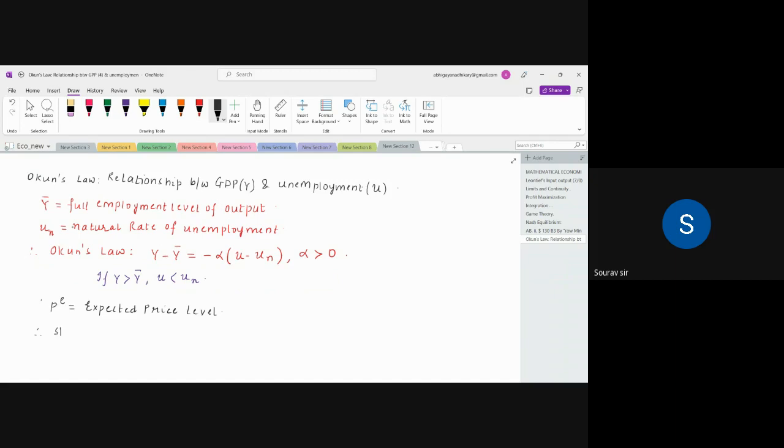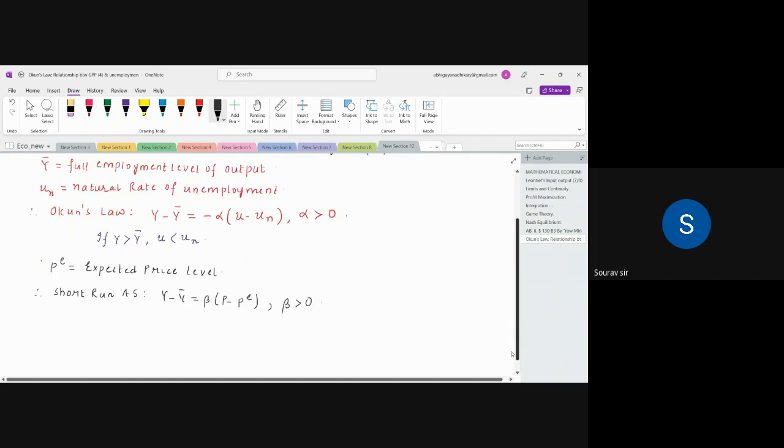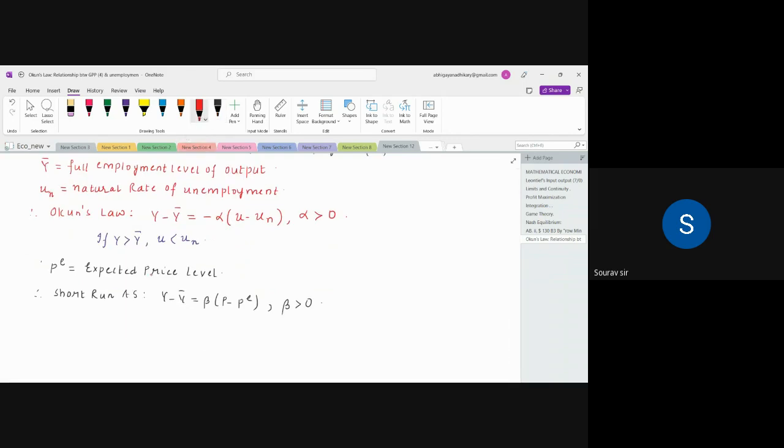Therefore, how will your short-run aggregate supply look? It would be something like y minus y bar equals beta times p minus p bar, where beta is positive. Okay? Understand this, Harshita.